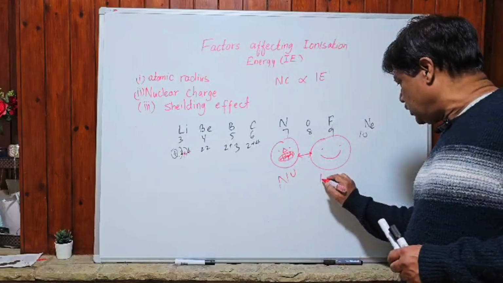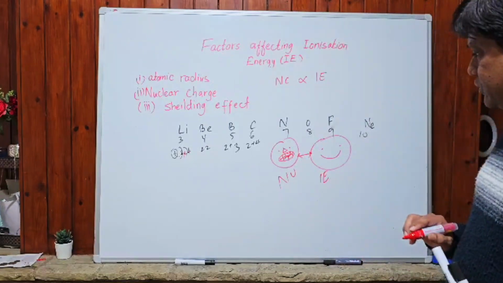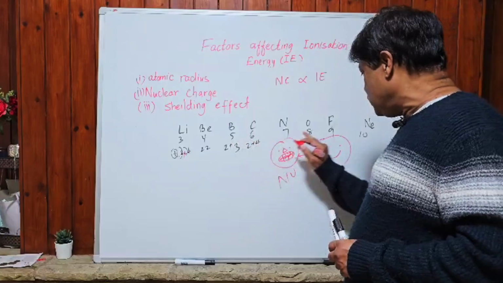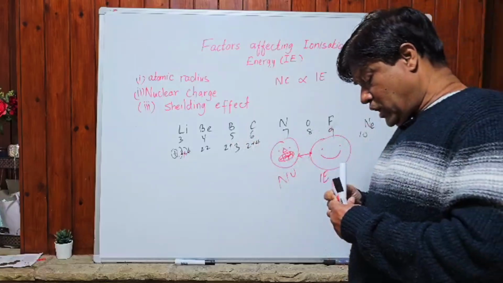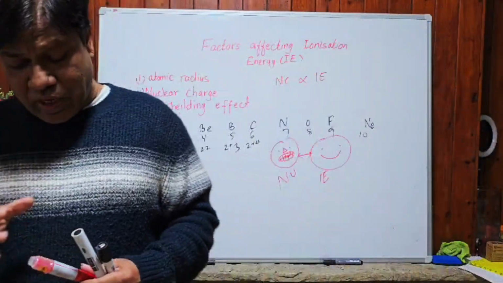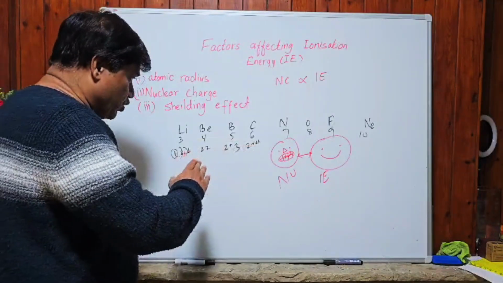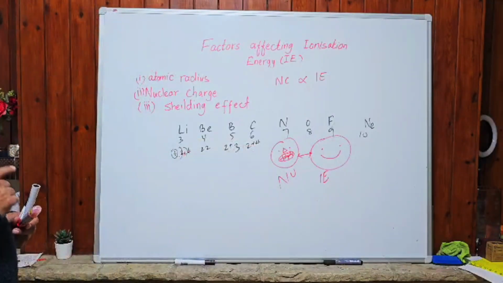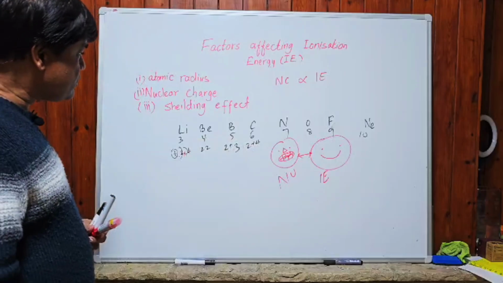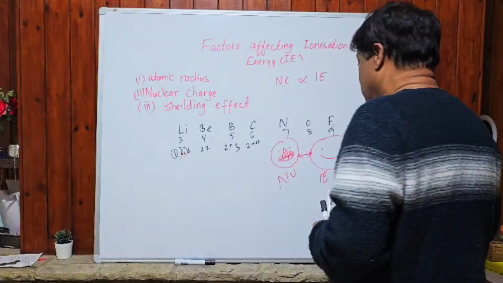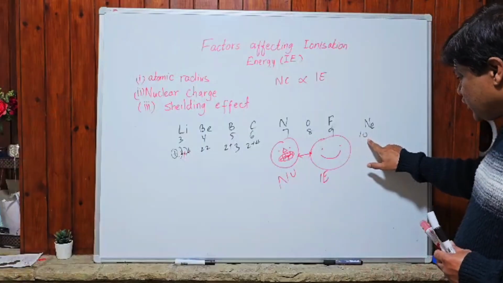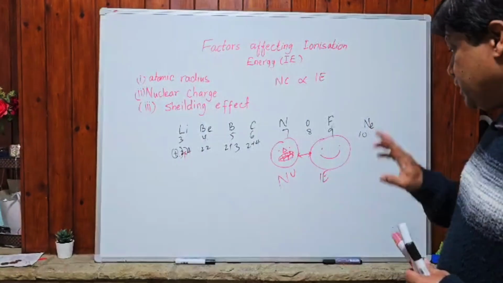IE increases due to an increase in nuclear charge. So what happens to the ionization energy when we move across the period? Across the period, nuclear charge increases, so ionization energy increases. It is hard to take away the electron from neon, because its outer shell is completely filled.